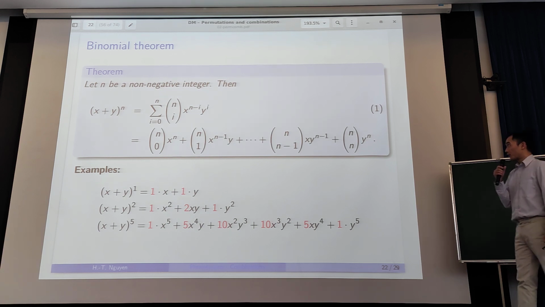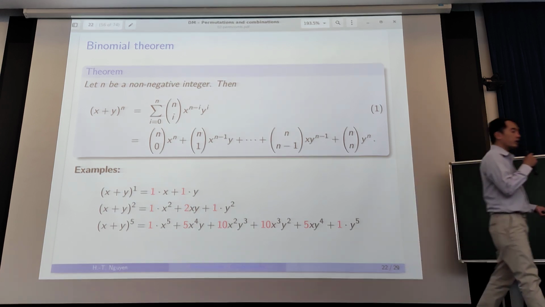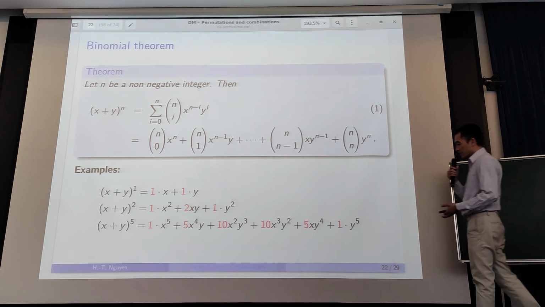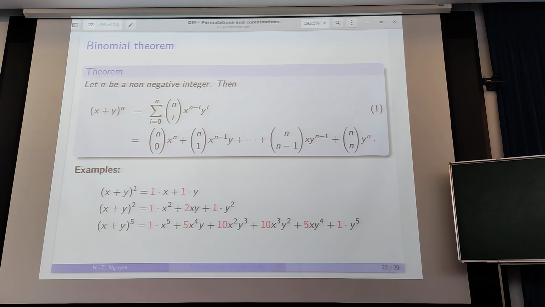So how can we prove this identity? One way to prove it is by using induction on n. So we know what induction is. You see that this formula is true for some small values of n. So the idea in induction is that you suppose that our formula is true from 1 to n.